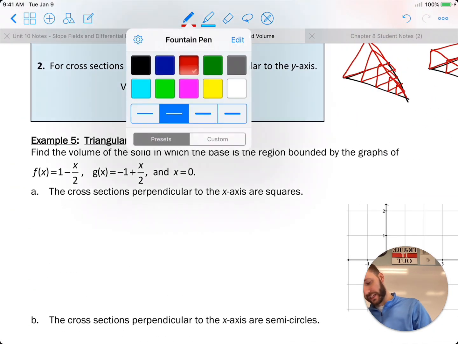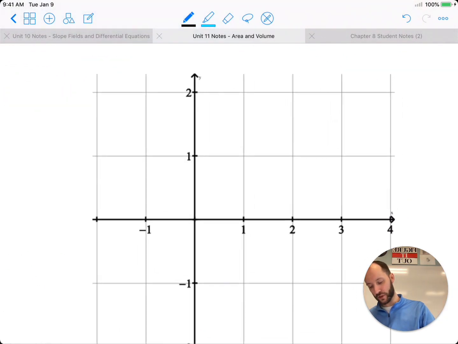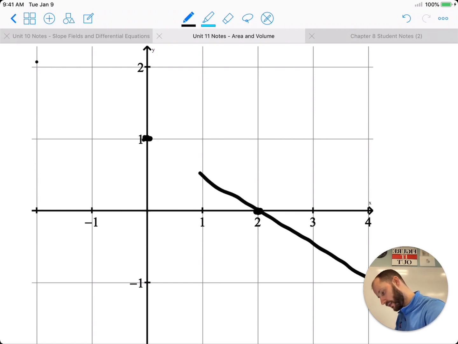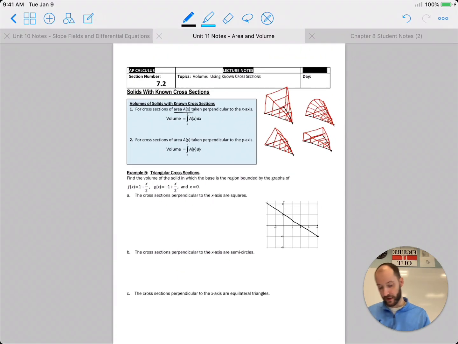So now we're going to look straight down at the base. So f of x is 1 minus x over 2. So 1 minus half of x. So down 1 to the right, down 1 to the right, and drawing that line. g of x is negative 1 plus x over 2.